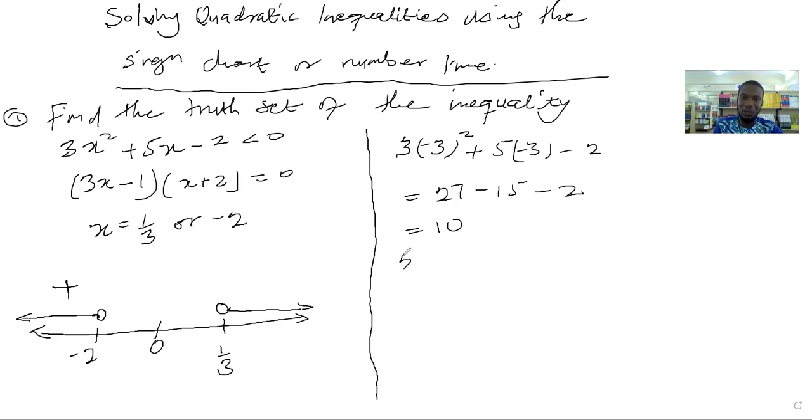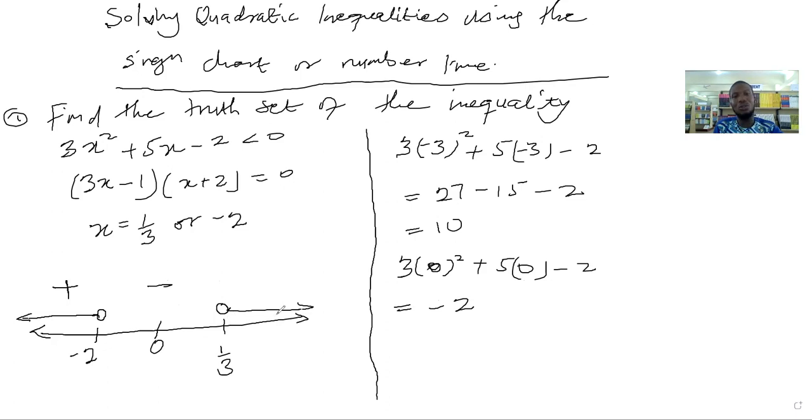So we are going to have 3 times 0 squared plus 5 times 0 minus 2. This is 0 plus 0 minus 2, which gives me -2. So our answer here will be negative. You are just interested in the sign, negative.